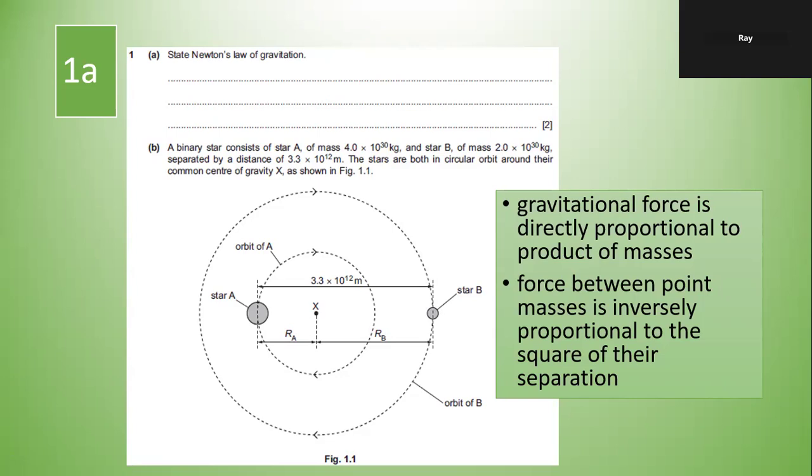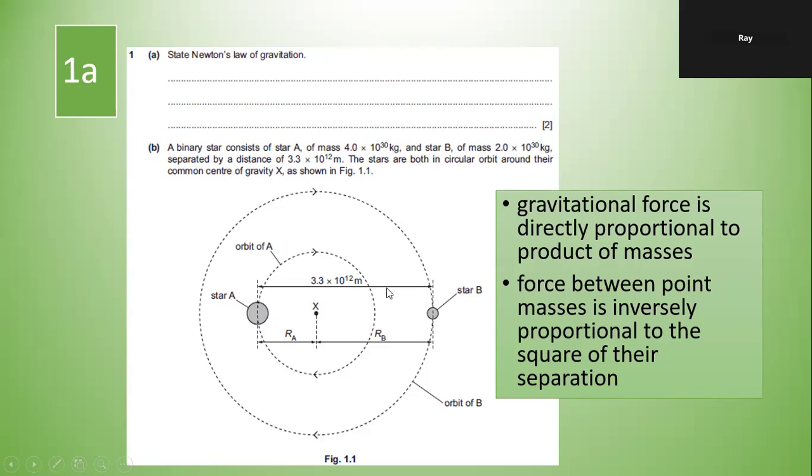Binary star consists of star A of mass 4.0 times 10 to the power 30 kilogram, and a star B of mass 2.0 times 10 to the power 30 kilogram, separated by a distance of 3.3 times 10 to the power 12 meter.